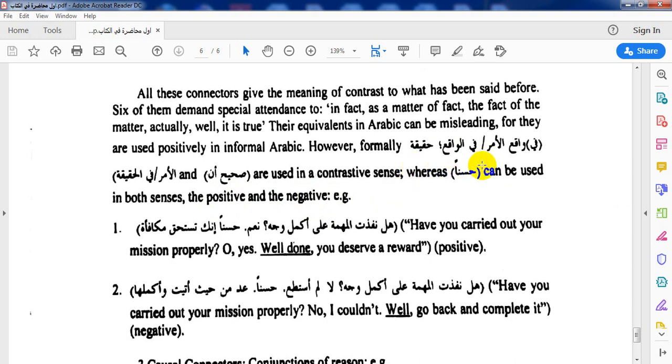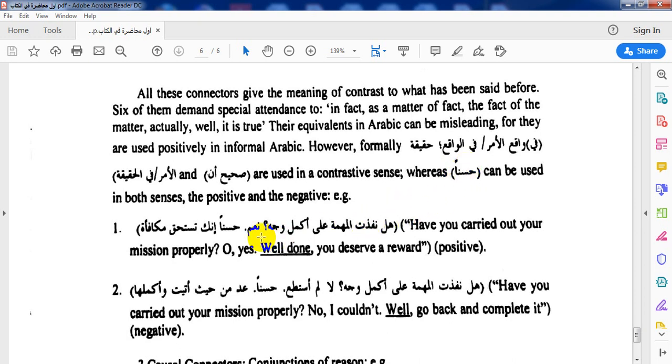Sometimes it gives a positive sense, sometimes a negative sense. How come? It is according to the context, according to the speaker.